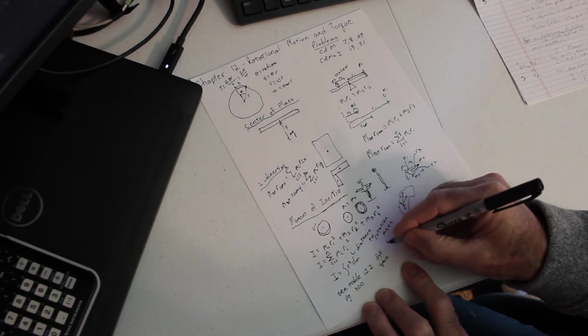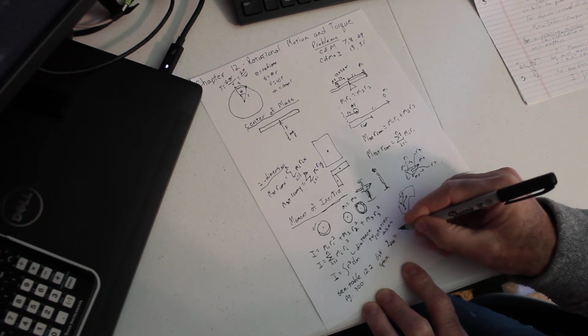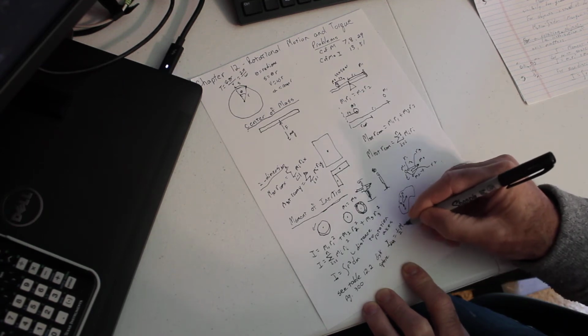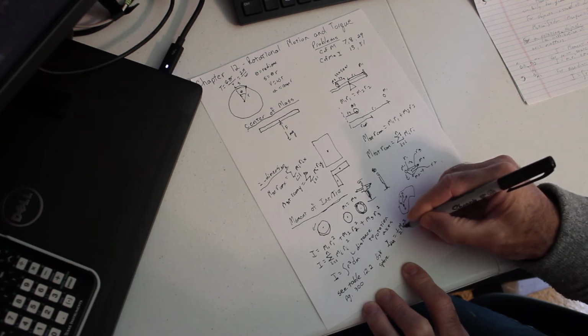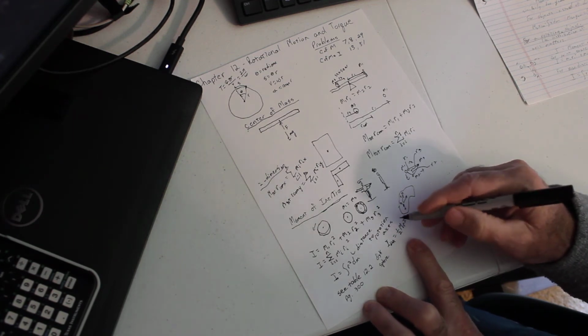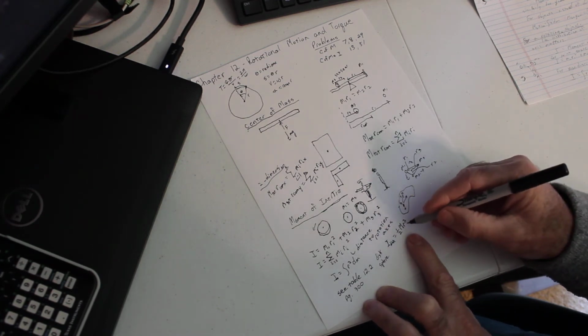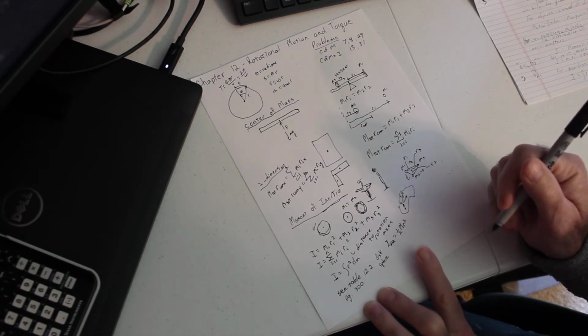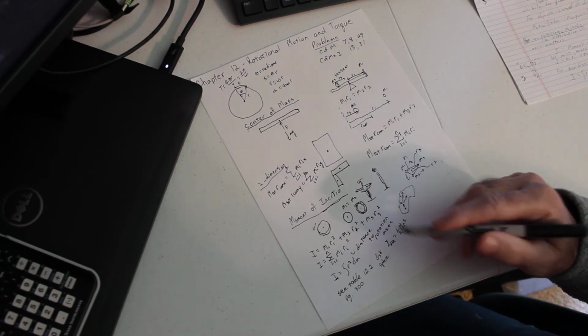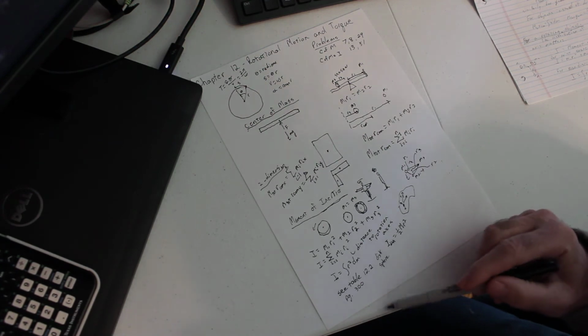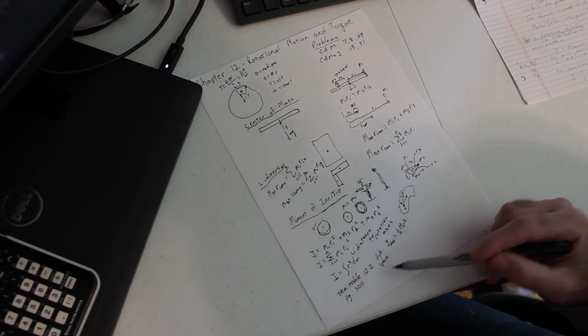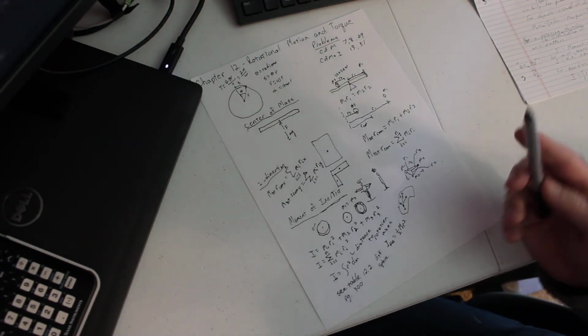For a disk, I is equal to 1/2 m r squared, where m is the total mass of the disk and r is the radius of the disk. So there's different ones. You look them up, and when you do a problem, that'll tell you is it a disk or a sphere, and you have to look up what I is.